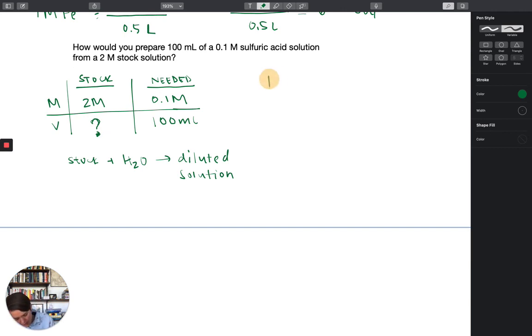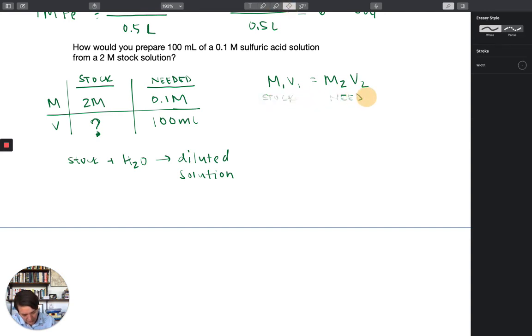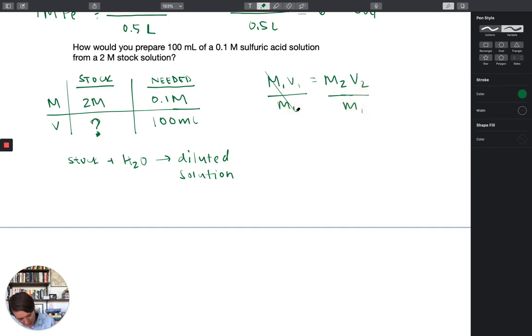So I use M1V1 equals M2V2. My stock versus what I need. I'm solving for a volume, so I'm just going to call this my stock side of the equation and this what I need. If I'm solving for volume, I'll divide both sides by M1. M1's cancel out, and I get V1 equals M2V2 over M1.